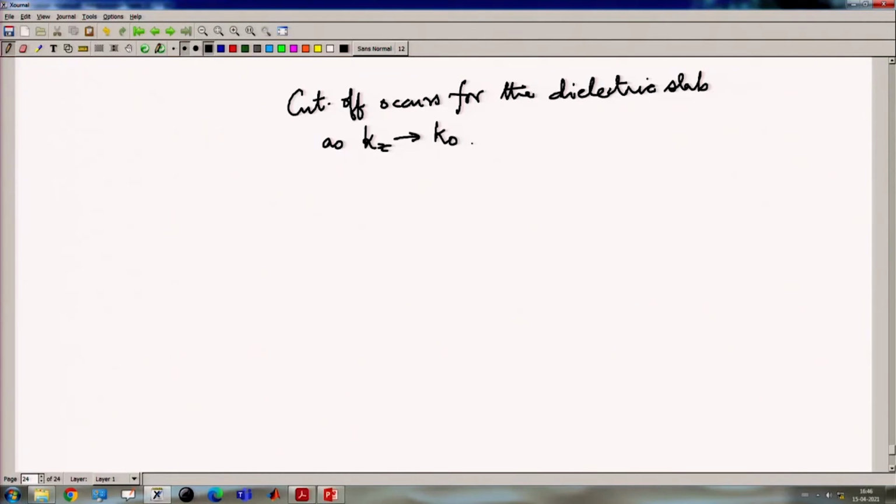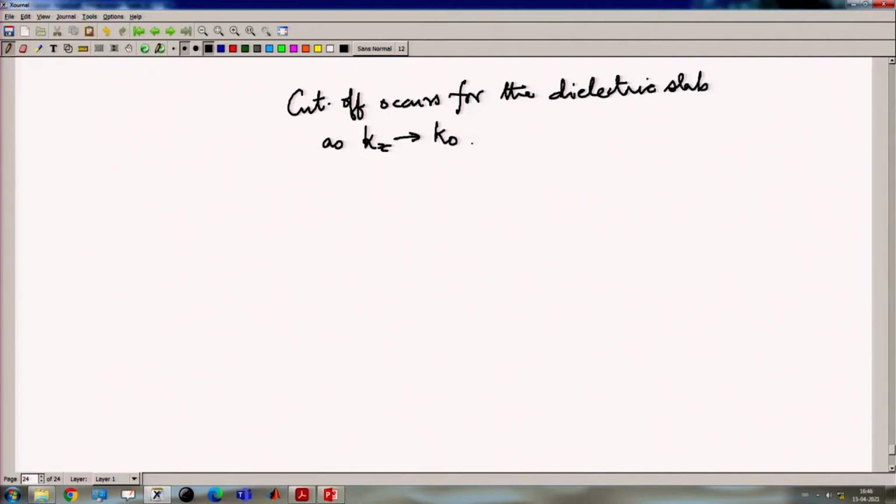So, it will be instead of e to the power minus V x, e to the power minus j V prime x. So, there will be propagation in the air region. Therefore, the dielectric slab is going to radiate in the air region, and its energy will reduce as it propagates inside the lossless dielectric strip.